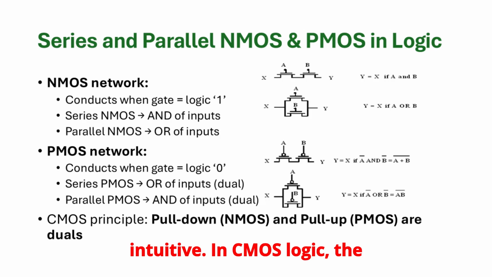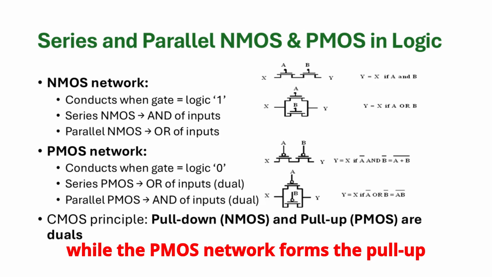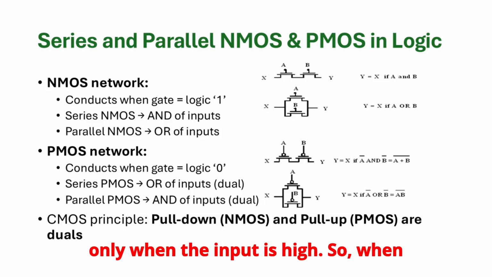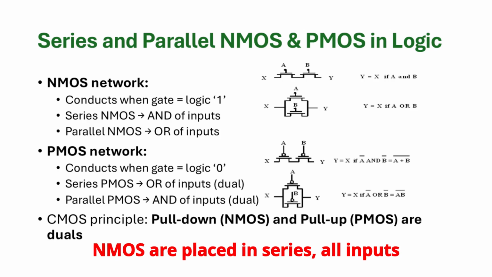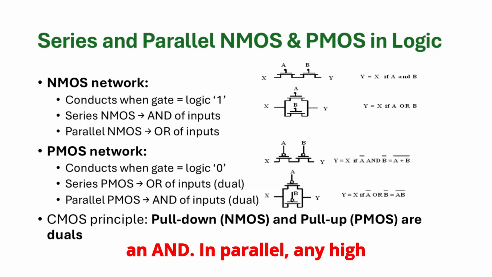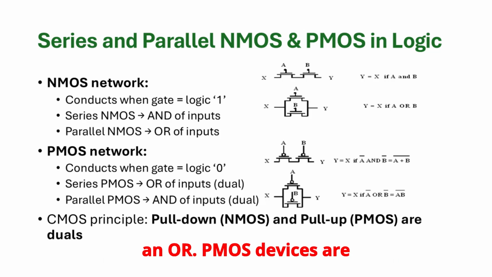In CMOS logic, the NMOS network forms the pull-down path, while the PMOS network forms the pull-up path. NMOS devices conduct only when the input is high. So, when NMOS are placed in series, all inputs must be high for conduction, implementing an AND. In parallel, any high input can pull the output low, realizing an OR.